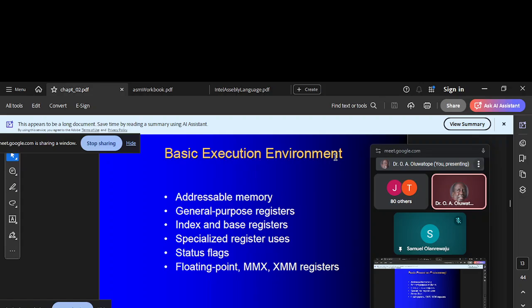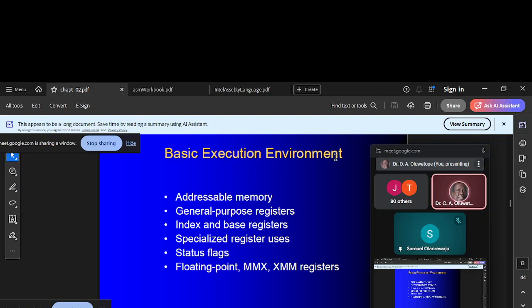Registers are like memory locations which are used to hold data during computation or execution. There are those described as general purpose. They are used for general purpose activities. And there are those that are identified as index and base.